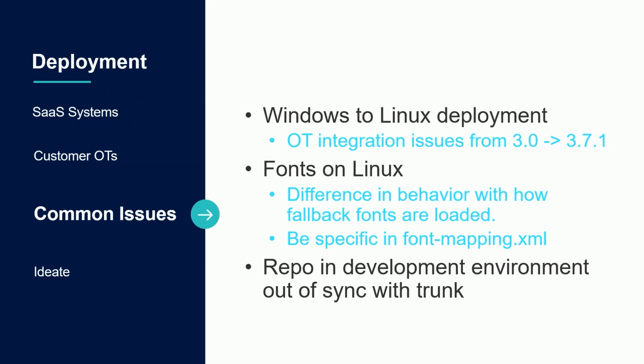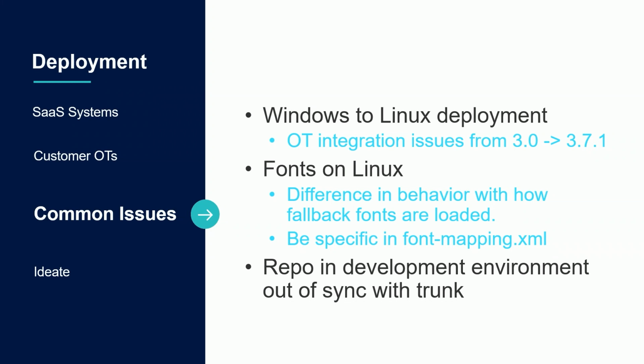Because a lot of people don't realize that the font specified in their font mapping is not necessarily the one that is going to be used. On the Windows side, PDF formatters will find an appropriate font for specific glyphs. On the Linux side, if the font is not there, if it's not defined, there is no backup.